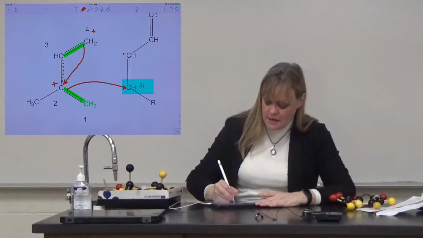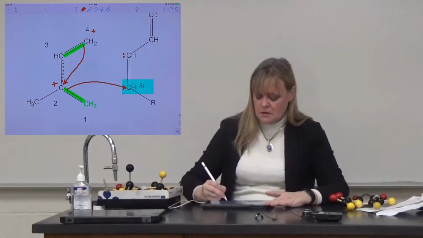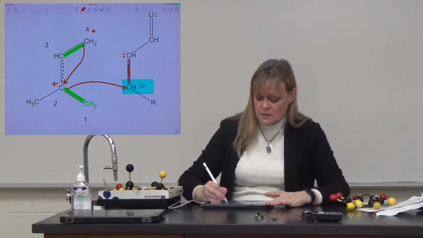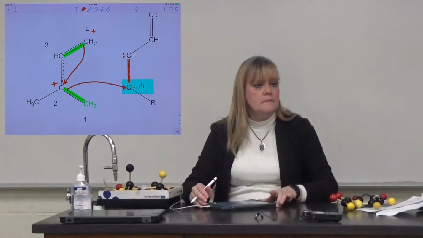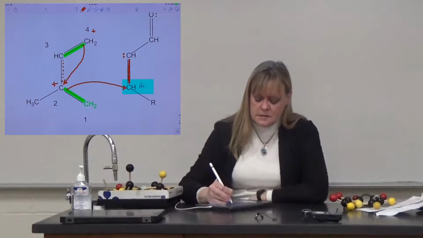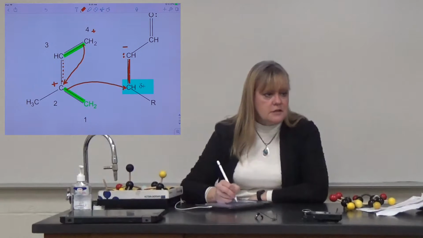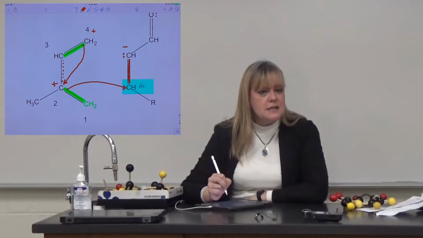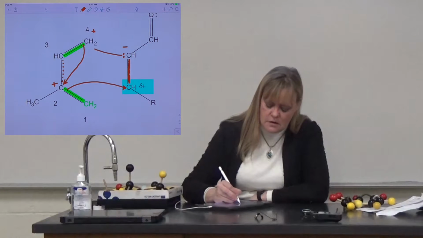So if you had let go of this bond, so that now you have a single bond here, then this is electron rich. The CH2 with the number 4 by it is electron deficient.